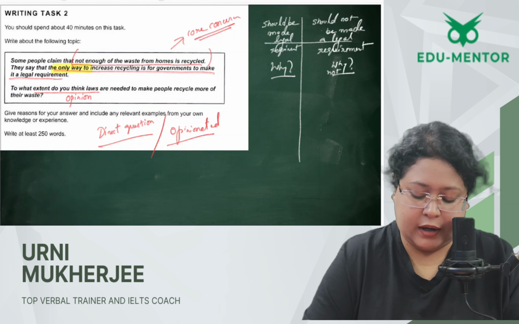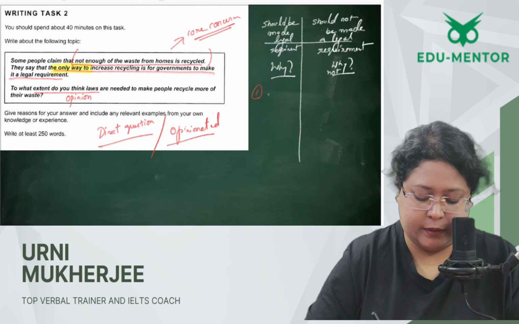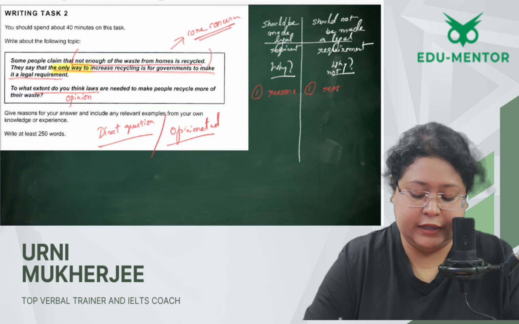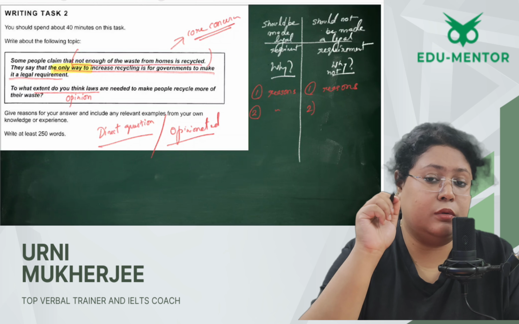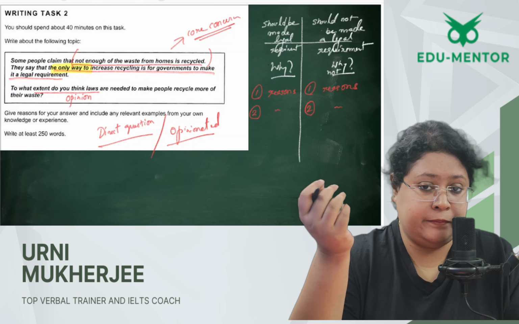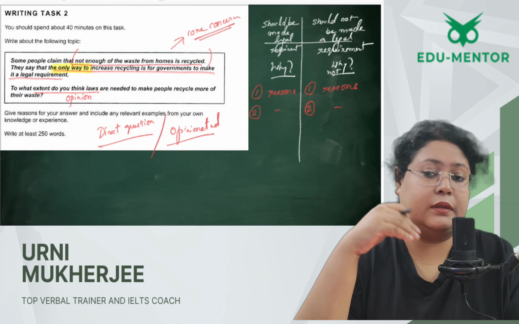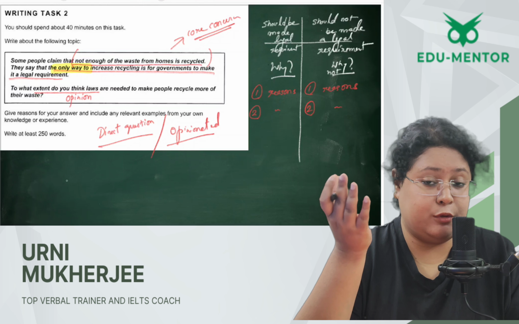So when they're asking you that direct question, to what extent do you think? Of course, they're talking about your opinion on the matter, right? You think that the laws are needed. Now, before you establish your opinion, it is logical to establish the reasons which are already out there, the common reasons, maybe the substance for the existing viewpoint, right?